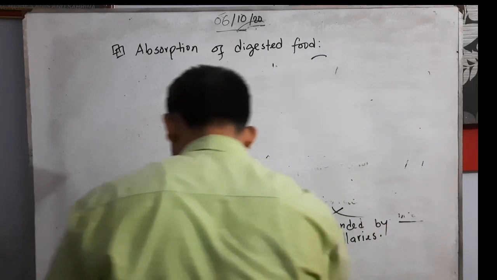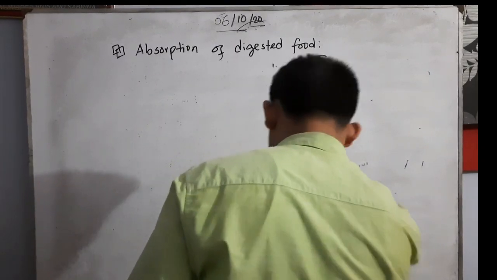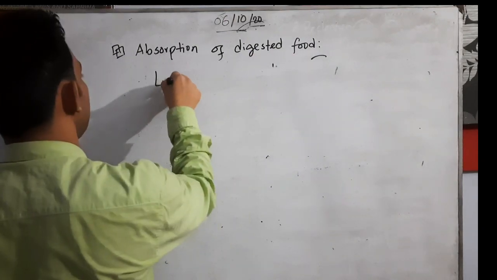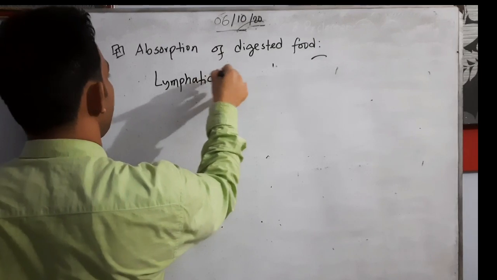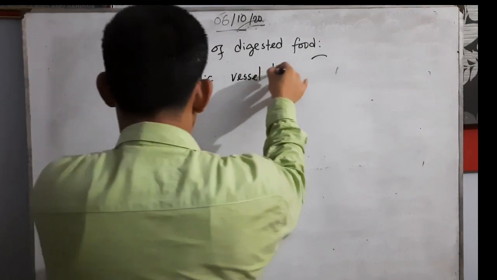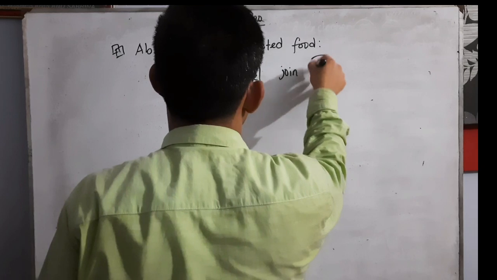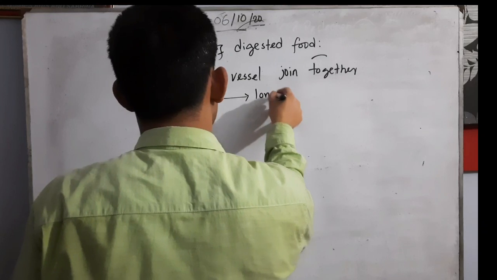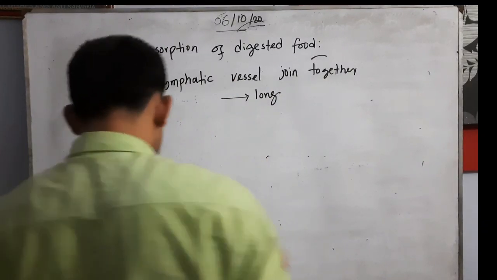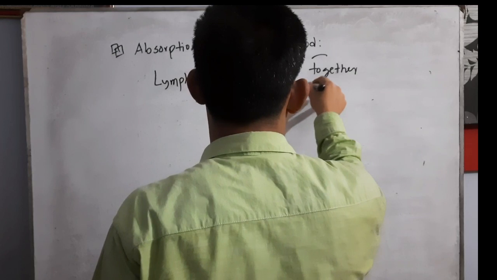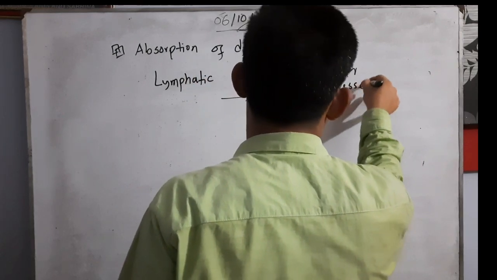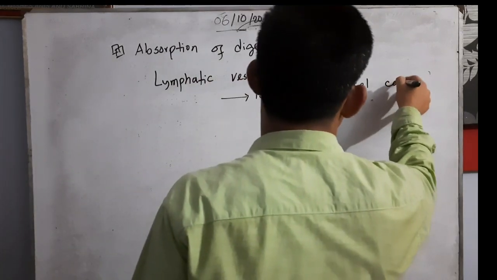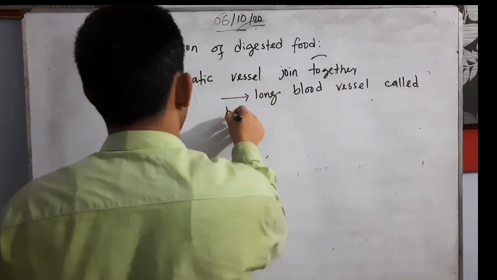These lymphatic vessels join together, and when they join together, they make a long chain, a large or long blood vessel known as the hepatic portal vein.